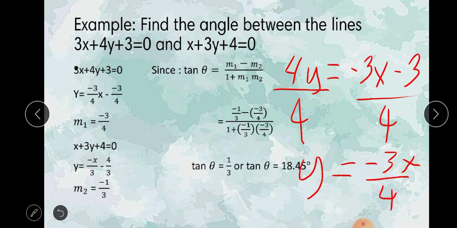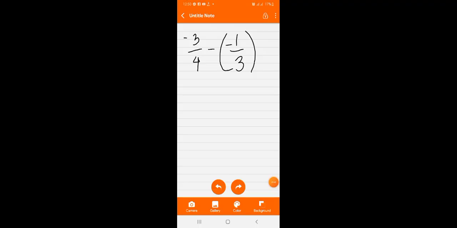The second slope is negative 1/3, and the first is negative 3/4.